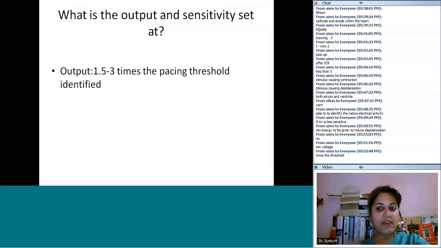If a patient is very pacemaker sensitive, you may want to go 3 times. You don't want to run the risk of not capturing. If even if his heart rate goes down, he doesn't become symptomatic, you can just set his pacing threshold a little lower. So output would be 1.5 to 3 times pacing threshold identified, and sensitivity would be how much?